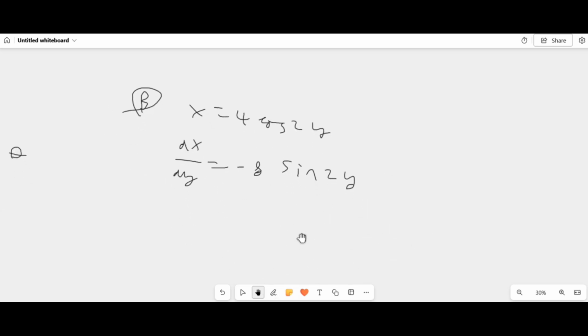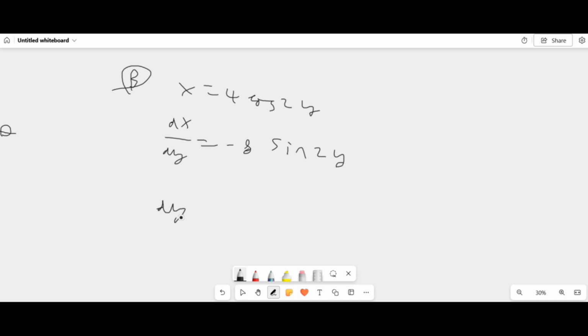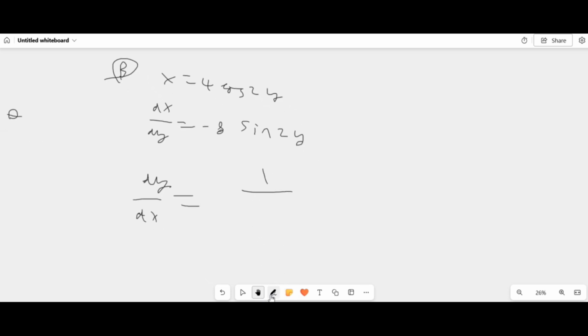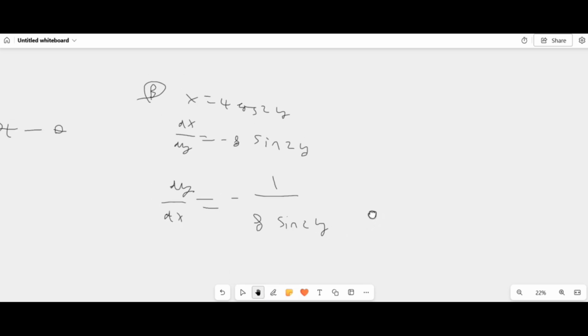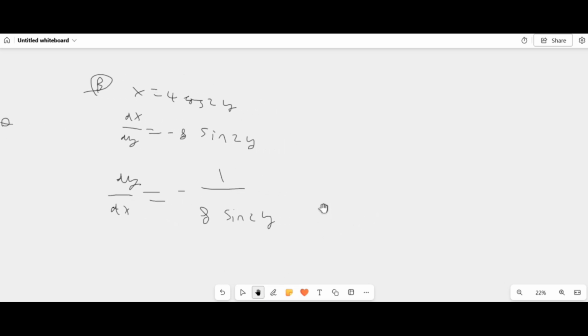And do dy over dx here. dy over dx is going to be 1 over that, so minus 1 over 8 sin 2y. So just 1 over that.